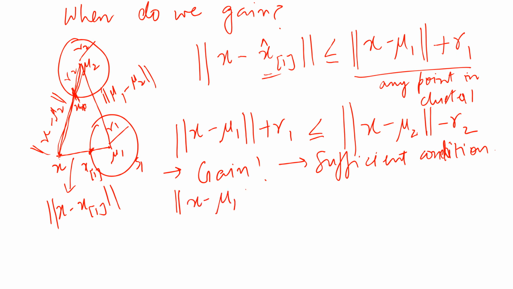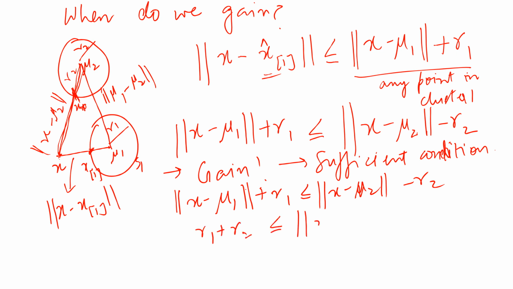So I'm going to rearrange these terms a little bit. r1 is less than, okay, so this is the same thing I'm writing, minus r2. If I rearrange the terms, what I get is r1 + r2 < ||x - mu2|| - ||x - mu1||. Okay, so what is this, this distance versus this distance from the center?